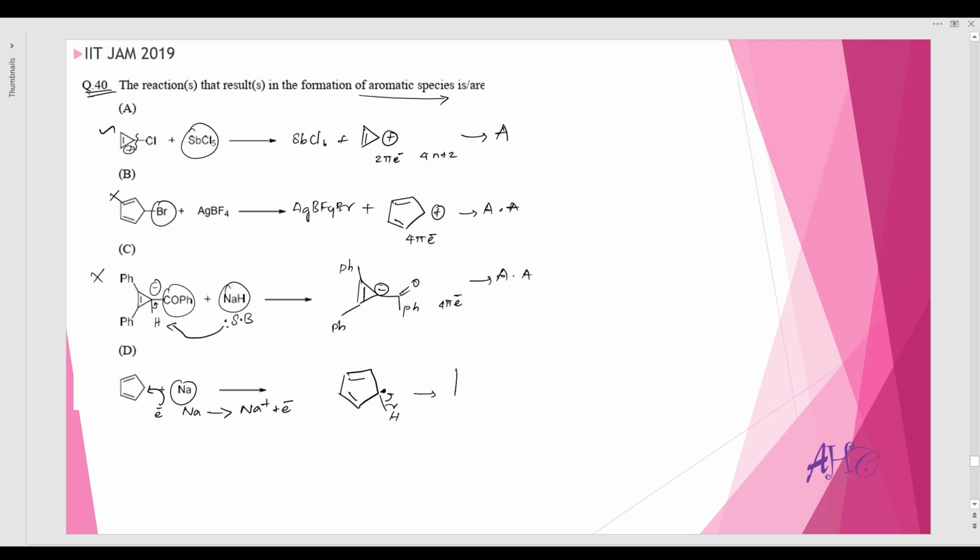So you will get your lone pair on top of this carbon. So என்ன ஆகும், now this will be planar structure. This is going to be your sp2 hybridized carbon. So this will be your planar structure and இங்க என்ன இருக்கு, 6 pi electrons இருக்கு. So this is going to be aromatic. So option D is the correct answer. So your option A and D form the aromatic species.